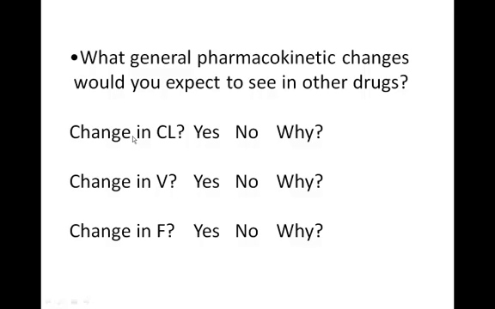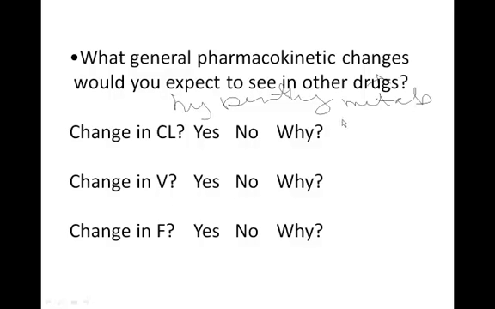The next question was to relate to that question, and so in general, in this same patient, what general pharmacokinetic changes would you expect to see in other drugs? Well, what's happening, we know in a hyperthyroid patient is an increase in all their metabolic activity.